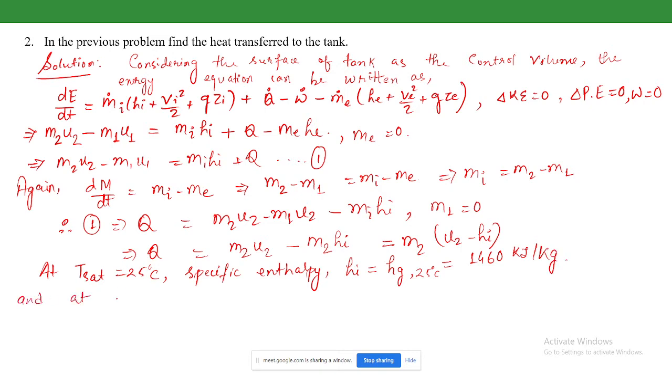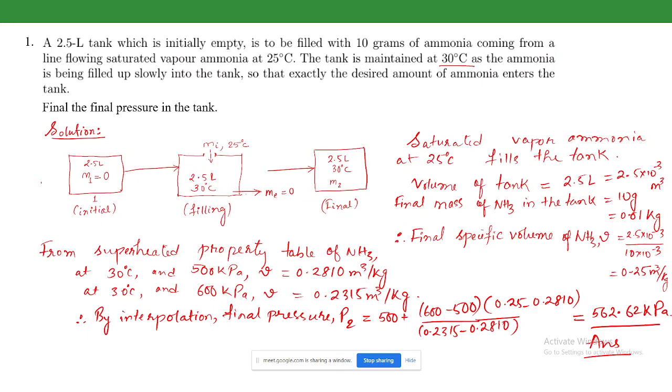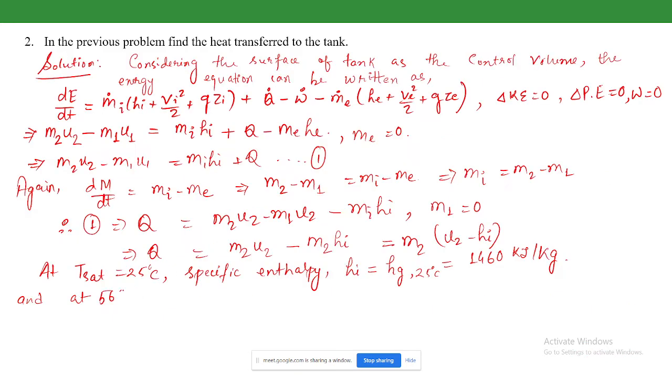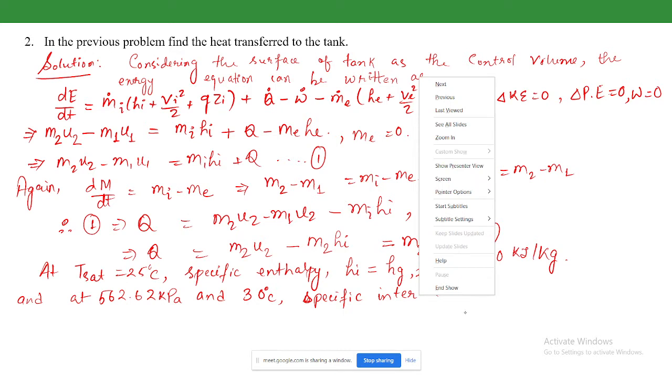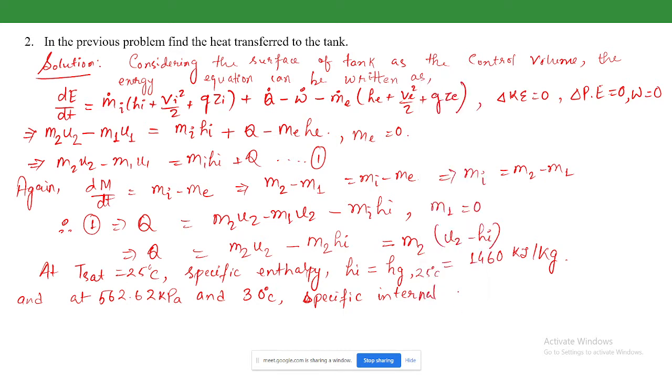And we have already found out the final pressure, 562.62 kPa. At 562.62 kPa and the final temperature of 30 degrees Celsius, the specific internal energy u2 is equal to 1370 kilojoule per kg.